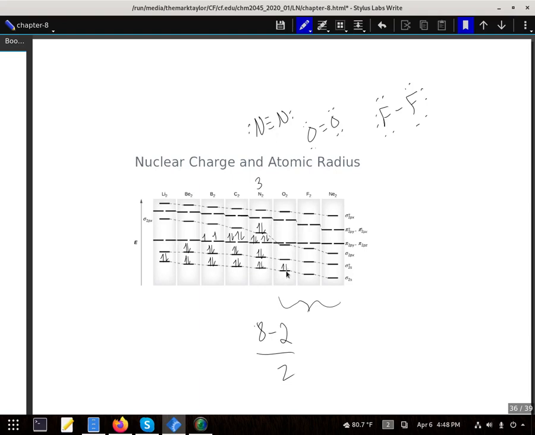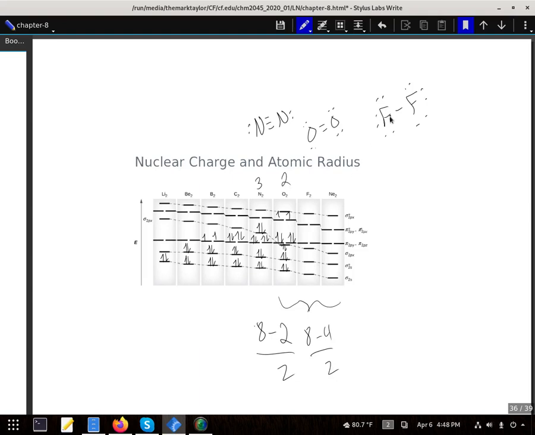O2, 1, 2, 3, 4, 5, 6, 7, 8, 9, 10, 11, 12. So bonding electrons is still 8, 2, 4, 6, 8. Non-bonding or antibonding, 2, 4, divided by 2, has a bond order of 2.